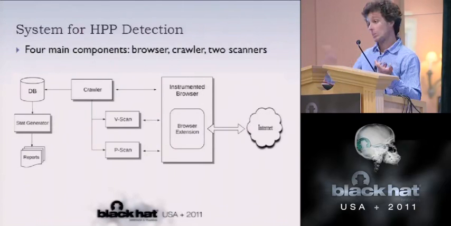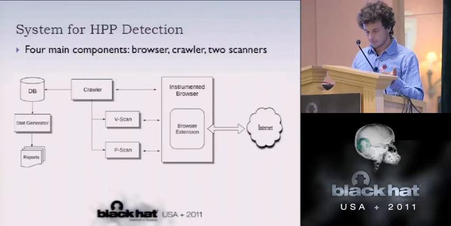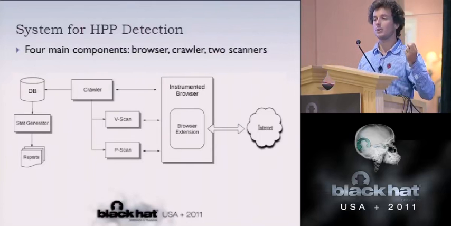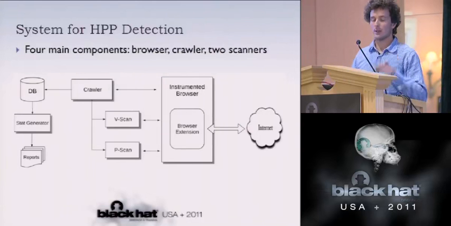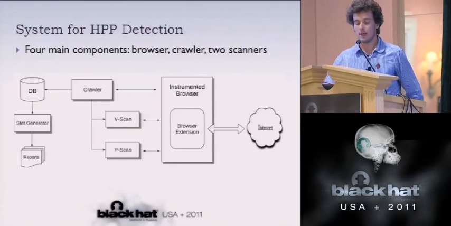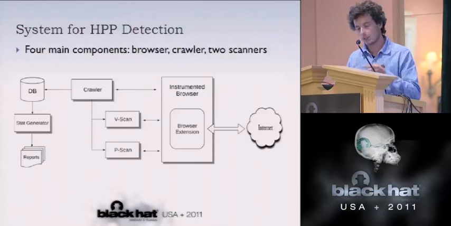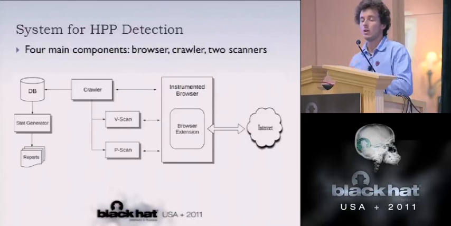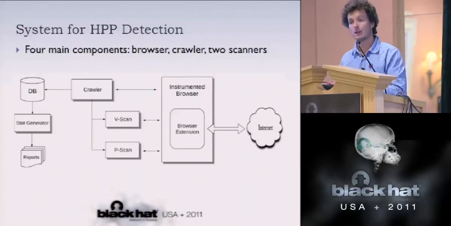The crawler also submits forms, of course, and then talks to two other components that are the main components for detecting parameter pollution. One is called vscan, where V stands for vulnerability. It is the component for doing vulnerability scanning, to see if there is actually a vulnerability on the page. And then there is another component called pscan, which checks for the precedence. This one tells you whether the precedence is on the first parameter or on the second parameter and so on.